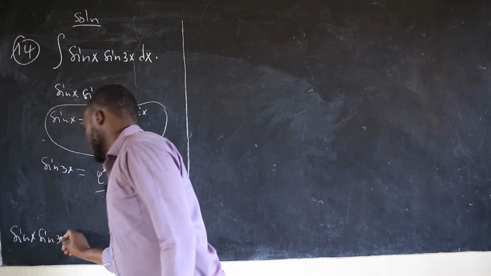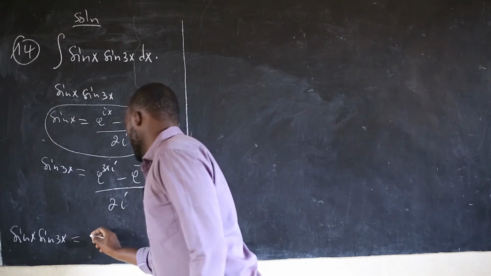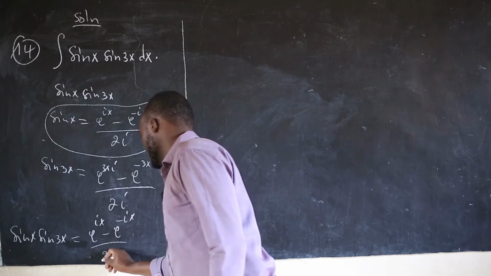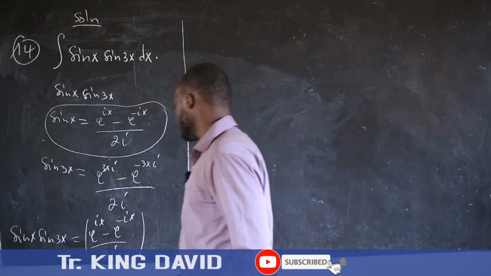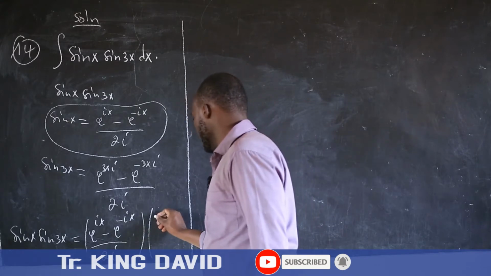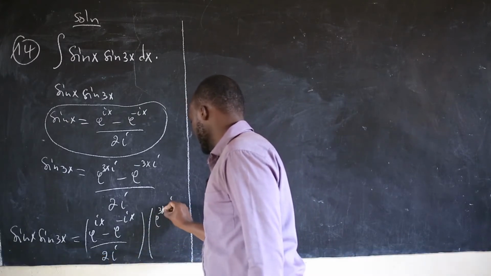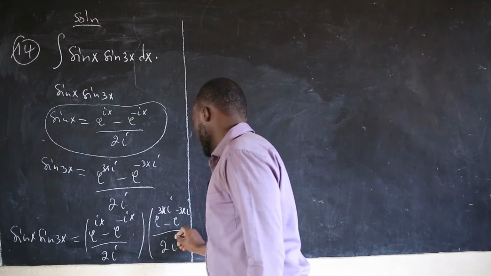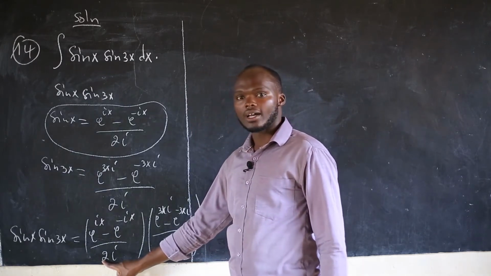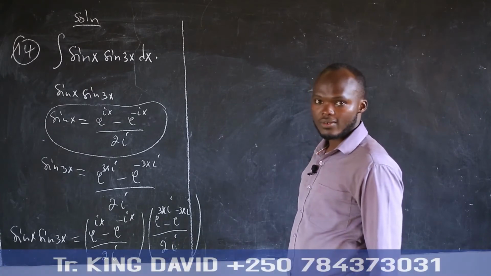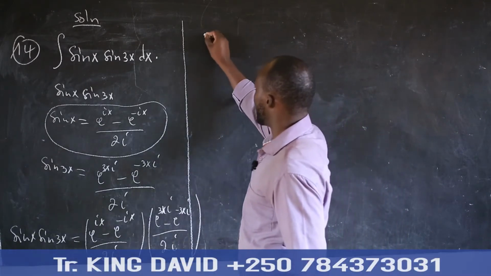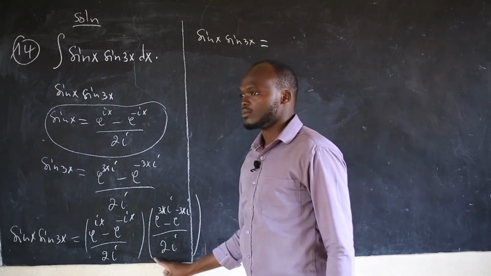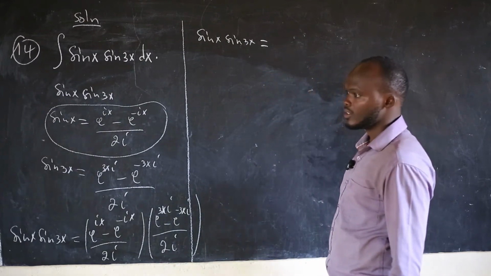So now, from there, what is sin x, sin 3x? It will be equal to e power ix minus e power negative ix divided by 2I into bracket e power 3xi minus e power negative 3xi divided by 2I. So 2I times 2I, that's 4I squared, which is negative 4, since I squared is negative 1.